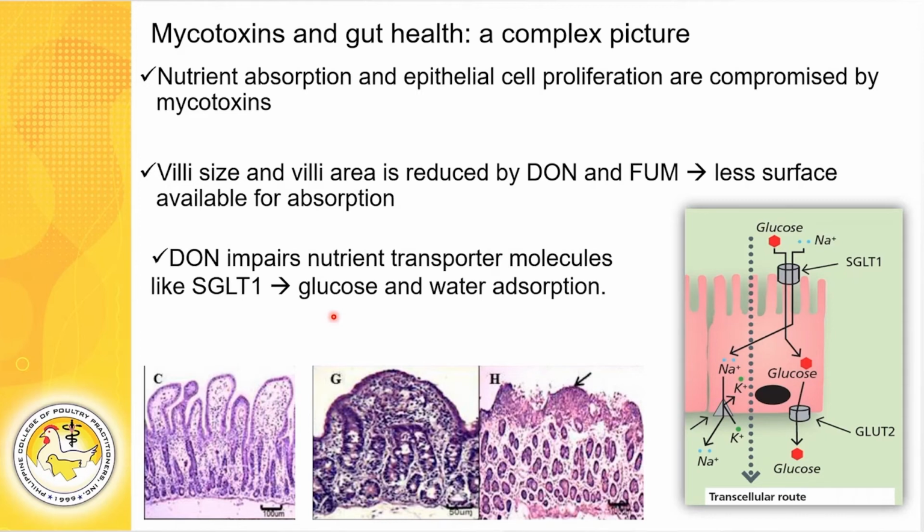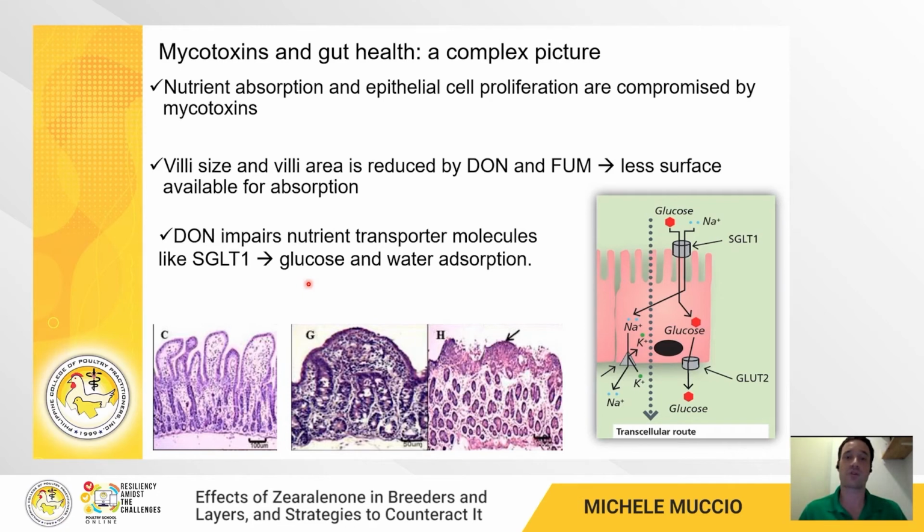And so the feed that we are introducing in the animal is wasted and the growth is compromised. Together with that, mycotoxins can directly act on some of the molecular transporters that we have on the gut cells, and they can completely impair their function.